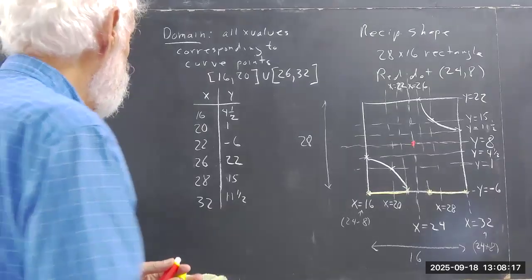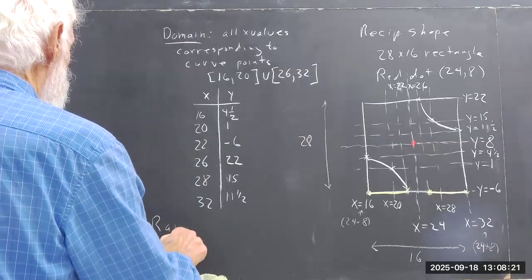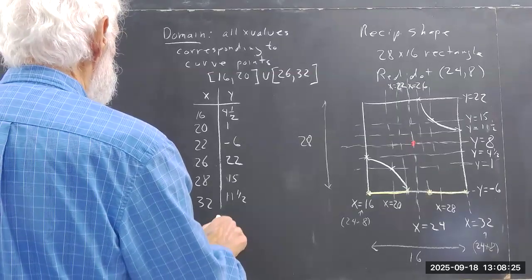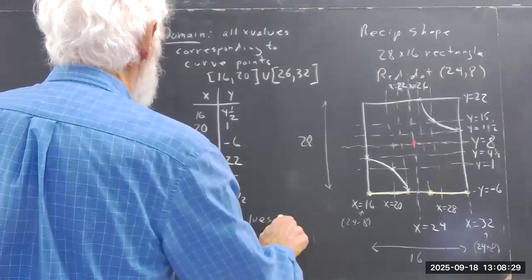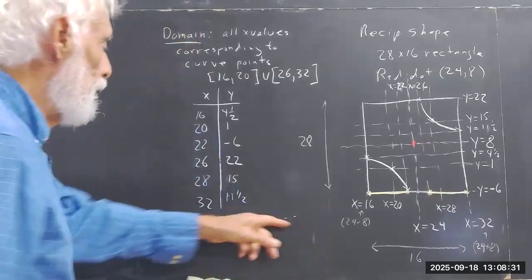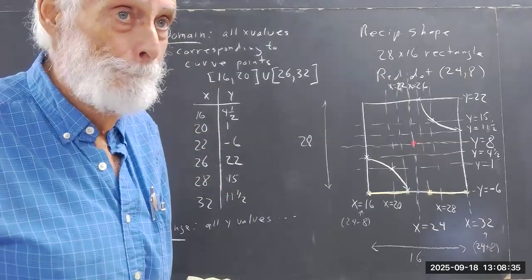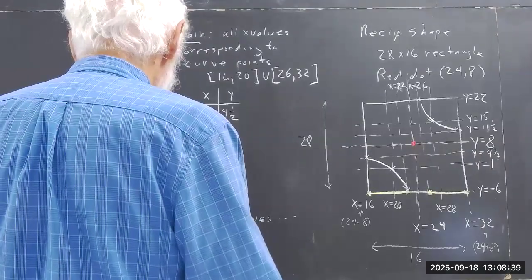Okay, what's the range? All y values, dot, dot, dot, which means corresponding to curve points, right? Okay, well, what are our y values?